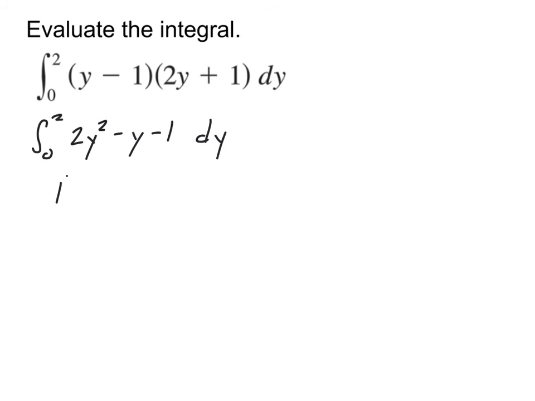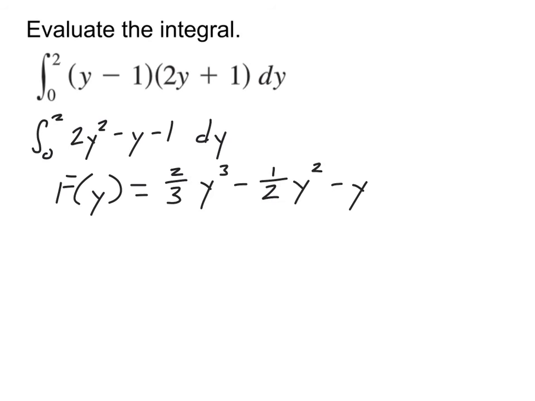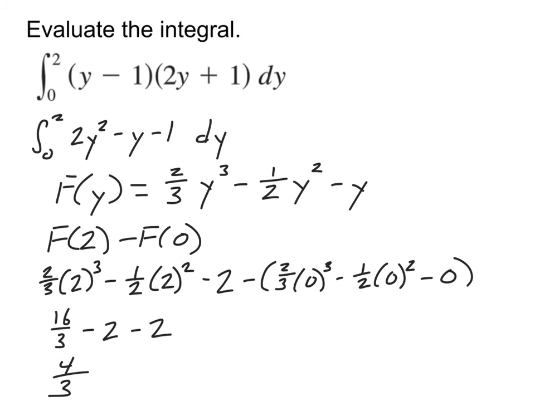And now you can go ahead and find out what the antiderivative equals. And so this is what your antiderivative should be looking like. And so when all is said and done, we plug in the 2 into our antiderivative. We take away the antiderivative at 0. You end up getting 4/3 as your final answer.